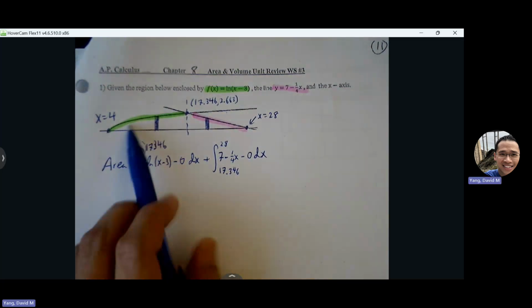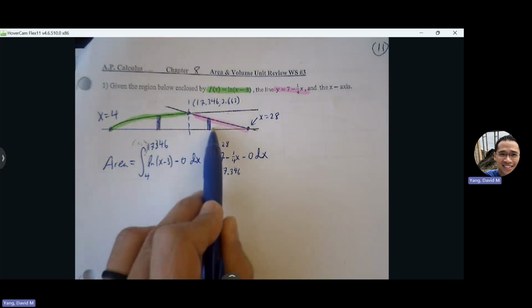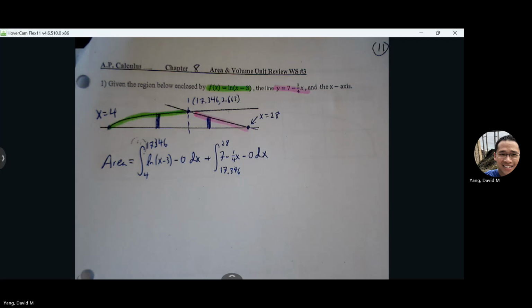So top minus bottom for this left region, and then top minus bottom for the region on the right.